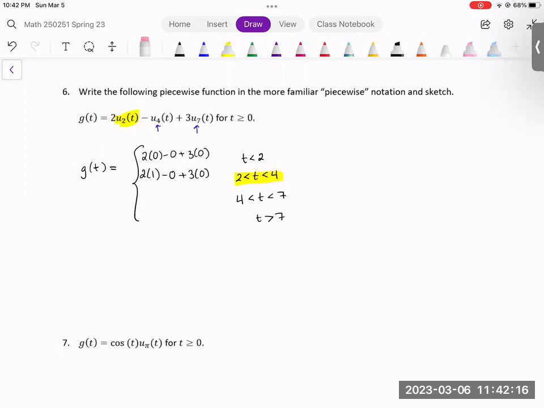Alrighty. So next up, let's look at t values between 4 and 7. Okay, so now when t values are bigger than 4, that means that u4 of t is going to be on as well. The on functions are going to have values of 1. So we have 2 times 1 minus 1, and then plus 3 times 0.